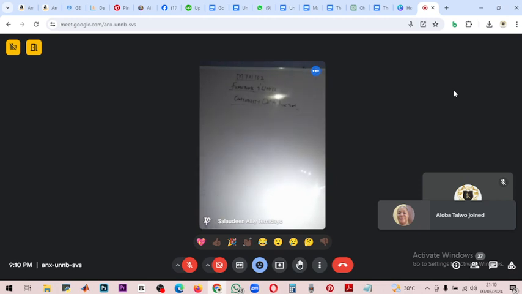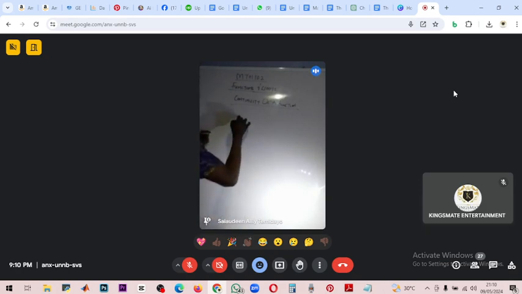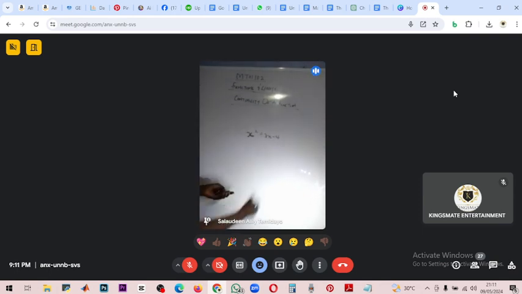So now, we have odd function and even function. The function is said to be an even function if the power of x in that function is even. For example, x squared plus 3x minus 4.